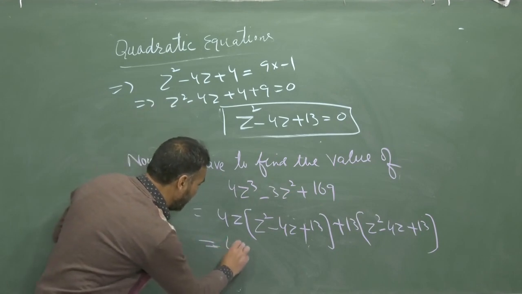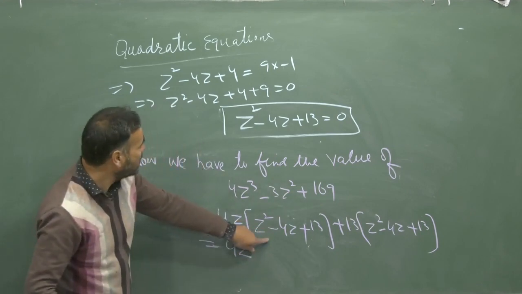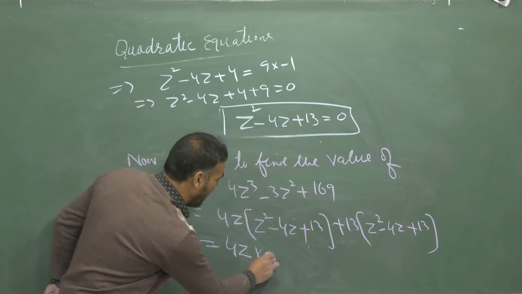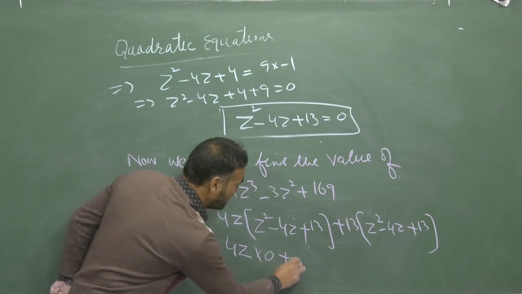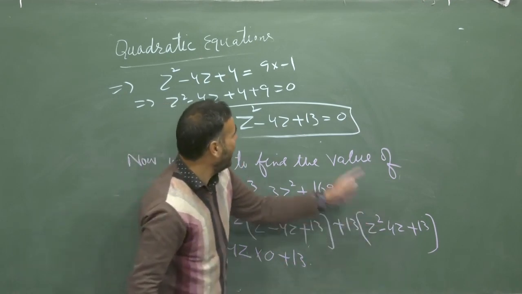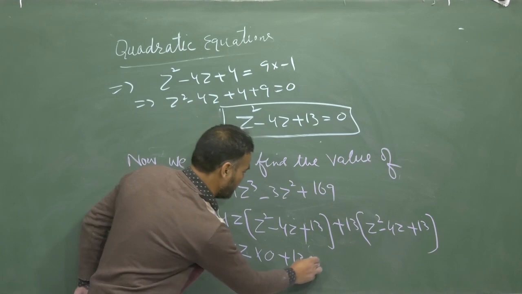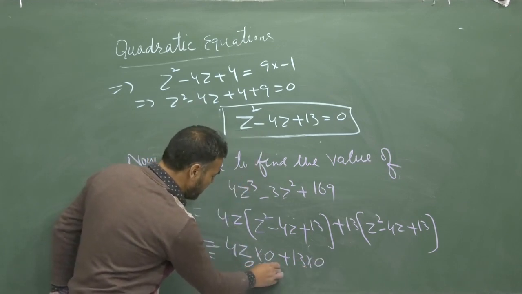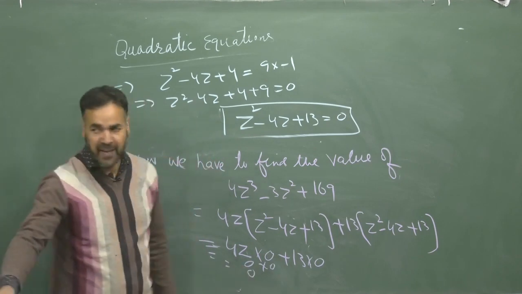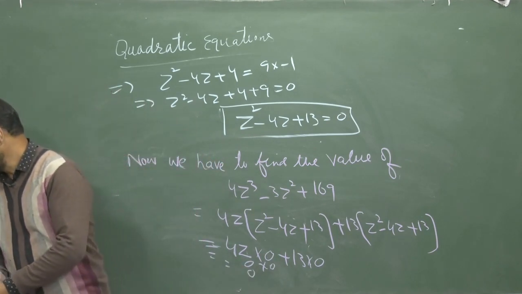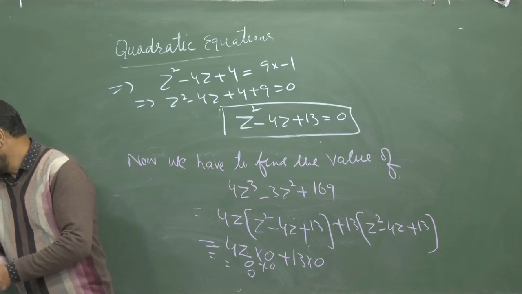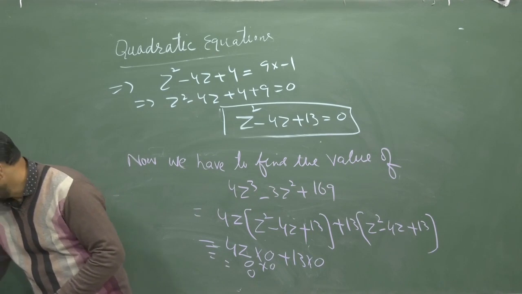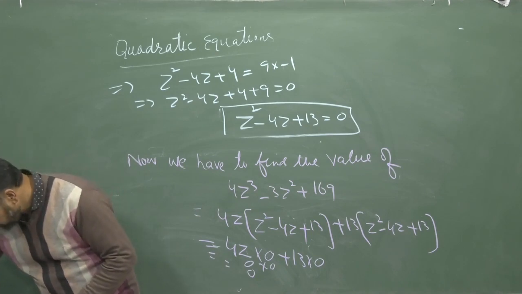So we can say it is 4z into (z square minus 4z plus 13), which is equal to 0, so it is better to write 0, plus 13 into again (z square minus 4z plus 13) equal to 0. So it is 4z into 0 is 0, plus 0, 0 plus 0 is again 0. So we can say 4z cube minus 3z square plus 169 is always equal to 0.